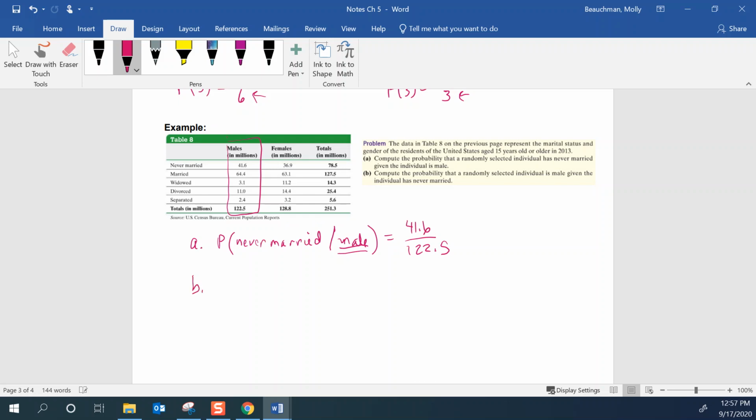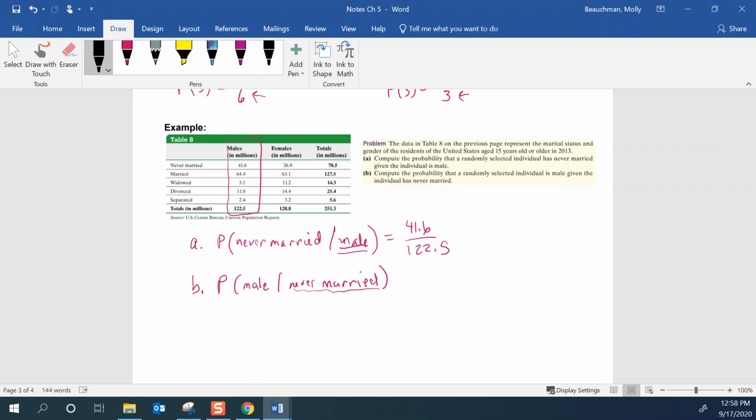Part B, compute the probability that a randomly selected individual is male given the individual is never married. So this switches it around. Probability of male given never married. The given now is never married, so we're not going to use the column of males.